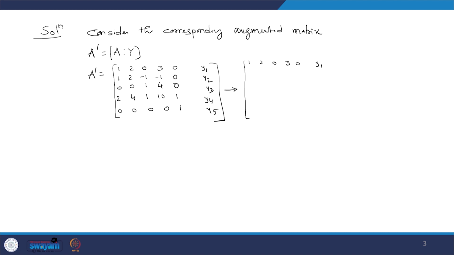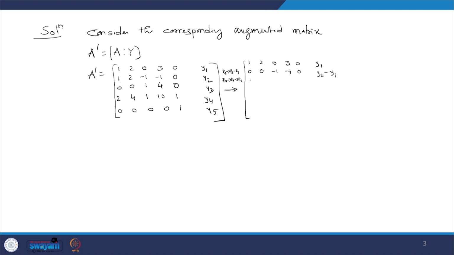So, R2 goes to R2 minus R1 and R4 goes to R4 minus 2 times R1. If I do it, what am I getting? 0, 0, minus 1, minus 4, 0, y2 minus y1.